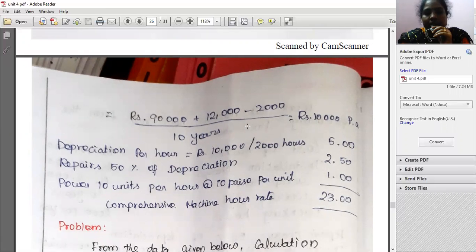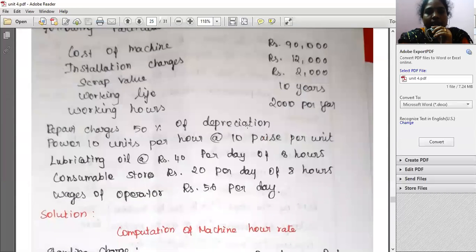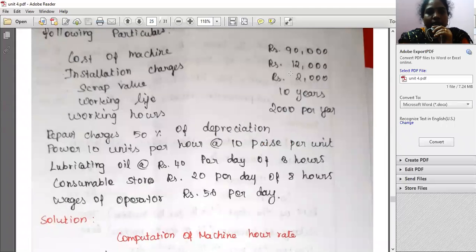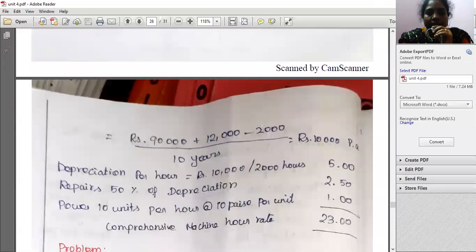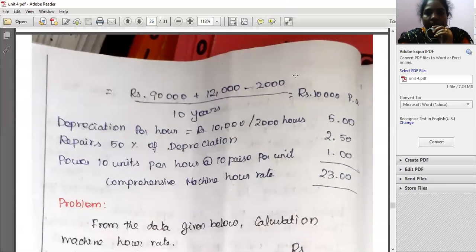The value is rupees 10,000 per annum. The depreciation per hour is 10,000 divided by 2,000 total hours per year, rupees 5 per hour.